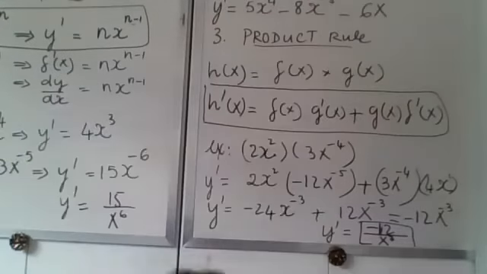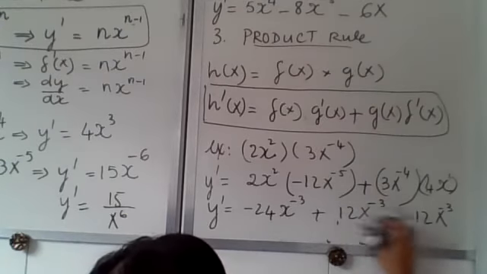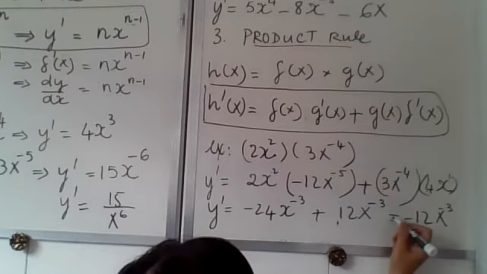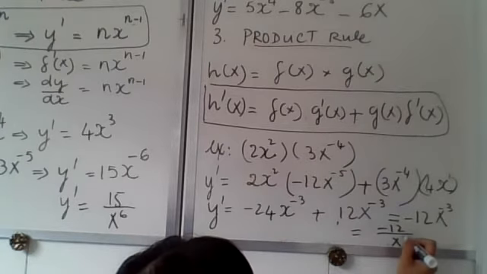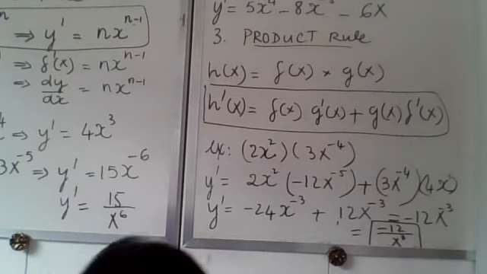Let me write this more clearly. So that will be equal to minus 12 on top. Bring the x to the power 3 down here, it becomes positive. And that's our final answer.